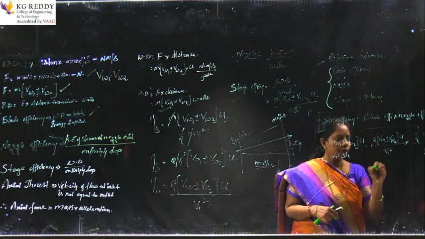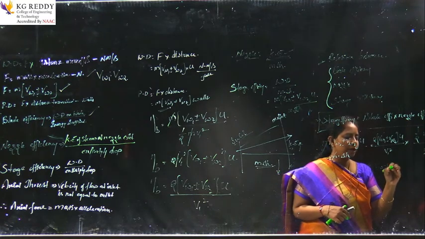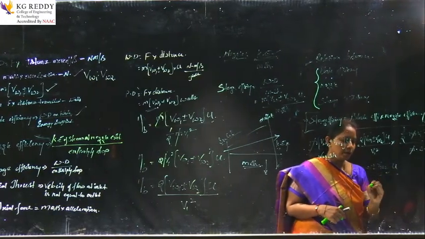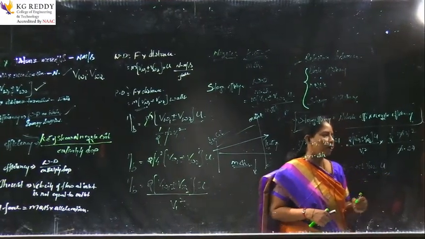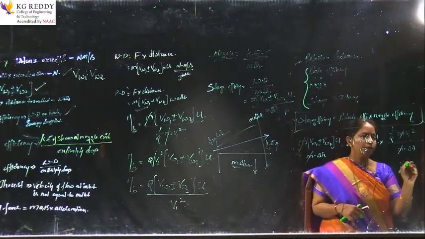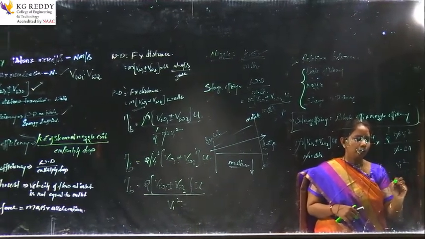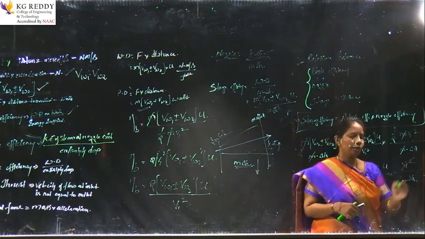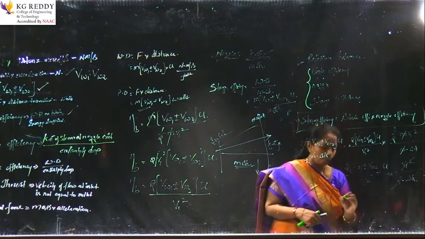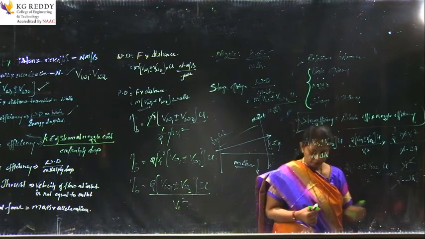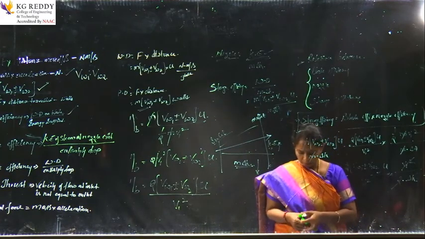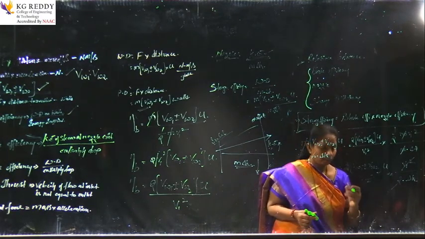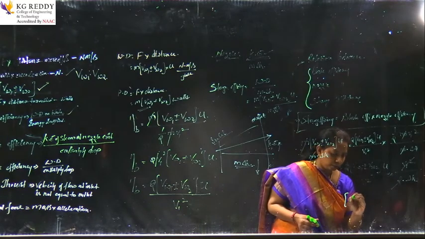Still we have 2 times Vw1 plus or minus Vw2 into U divided by V1 square, multiplied by V1 square divided by 2 into delta H. Can I cancel V1 square and V1 square? 2 and 2. So what am I left with?